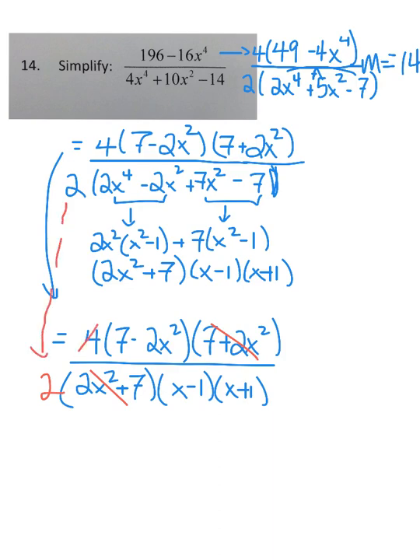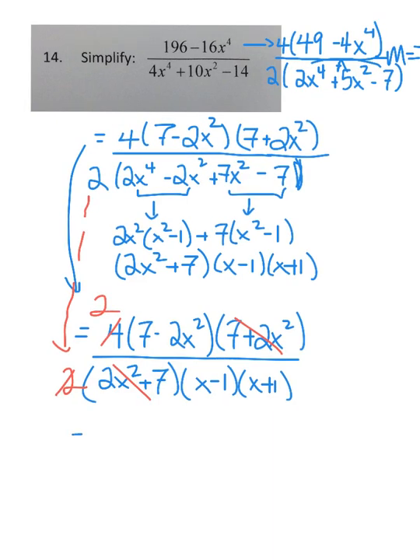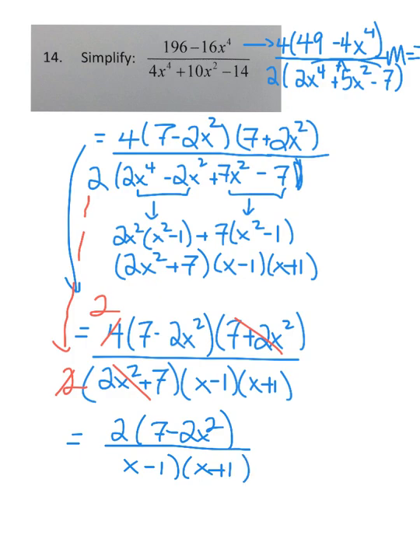Okay, so this is going to cross out, and that's going to become a 2. So the final answer is going to be, in the numerator we have a factor of 2, as well as a factor of 7 minus 2x squared. And then in the denominator, we have a factor of x minus 1, as well as the factor of x plus 1.